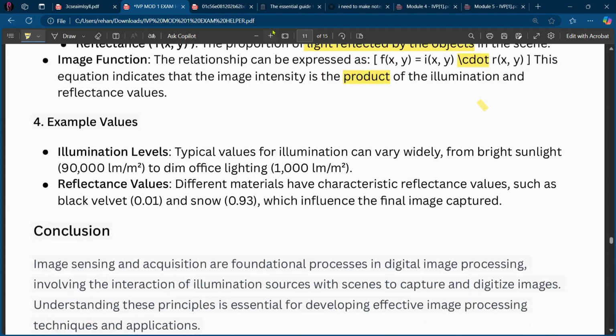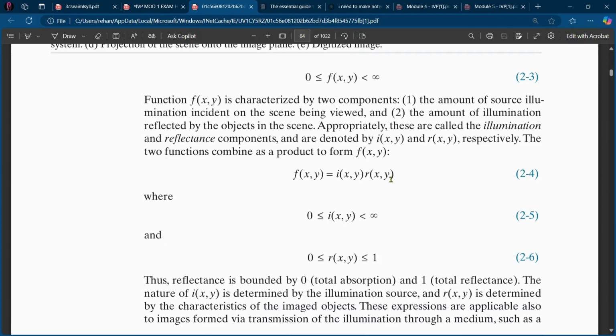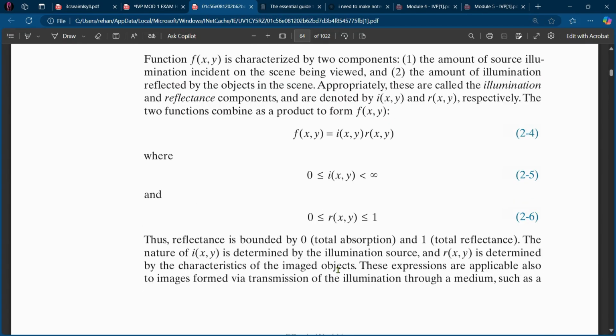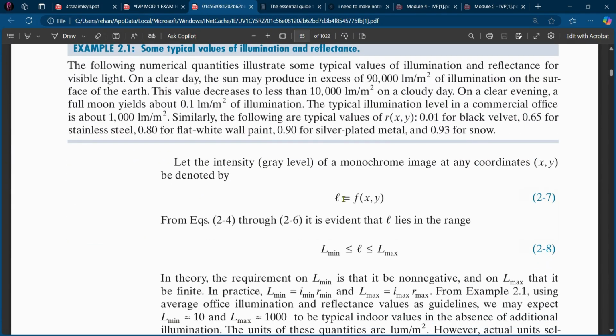For further understanding, you can simply see here. The value ranges from 0 to 100. In the same way, illumination ranges from 0 to infinity, whereas reflectance ranges from 0 to 1. That's it, and you can simply see the intensity.